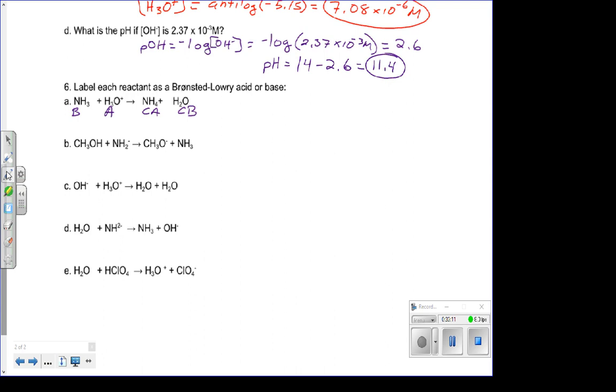And again, another way of looking at it is if you go in reverse, this stuff gives up a hydrogen and this one accepts it. I guess for those of you that might actually be watching this video, this stuff gives up the hydrogen if we go backwards, and this one accepts it.